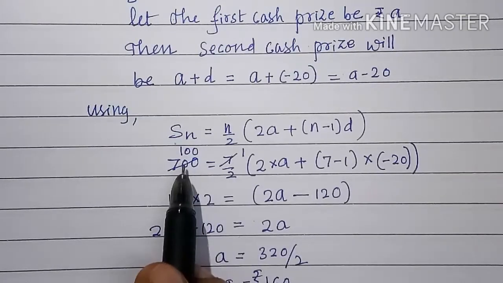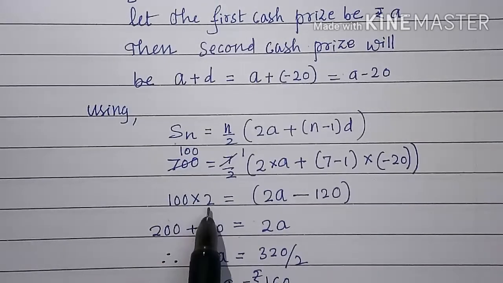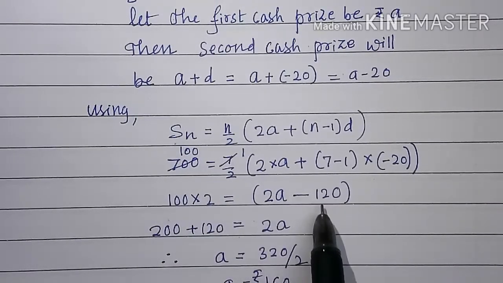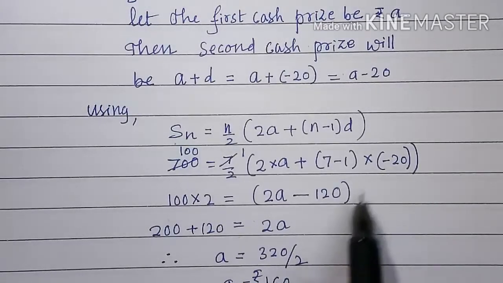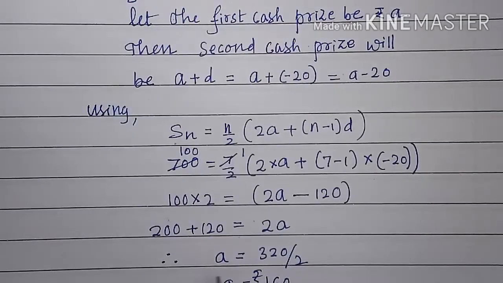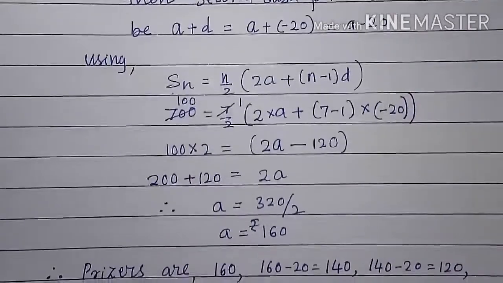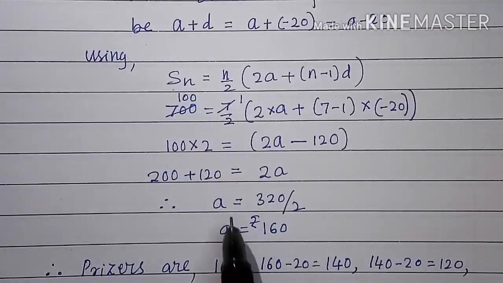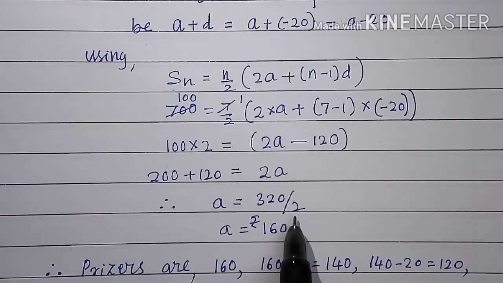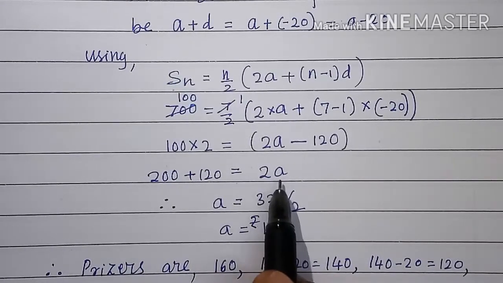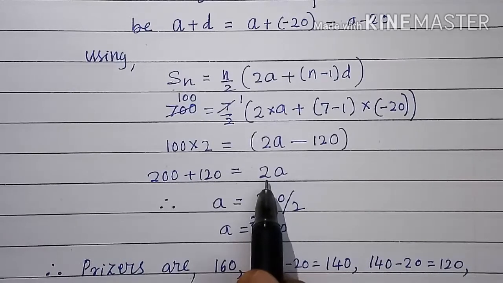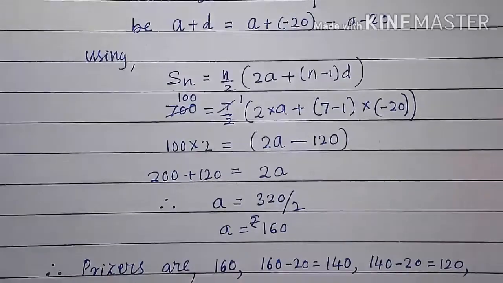If we transfer 2 to the LHS, we get 100 into 2 equal to 2a minus 6 into minus 20, which is minus 120. Now 100 into 2 is 200. Bringing minus 120 from RHS to the LHS, we get plus 120. So a will be equal to 320 upon 2 when we transfer the coefficient of a to the other side.